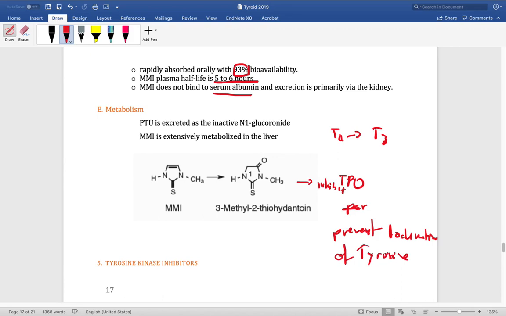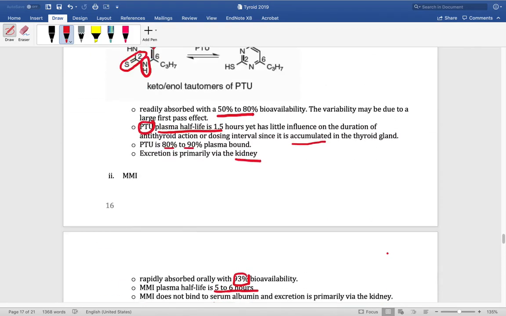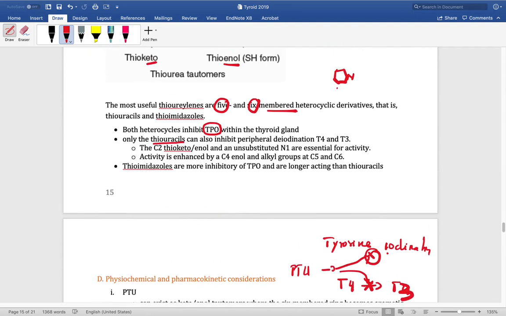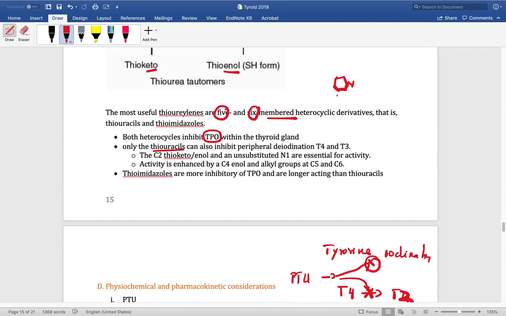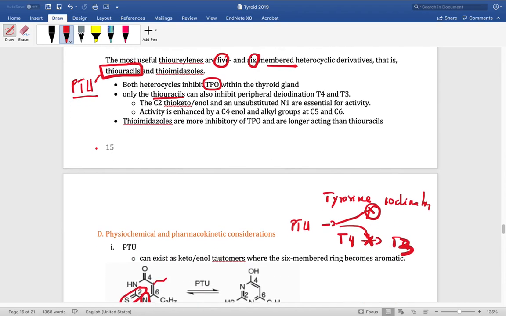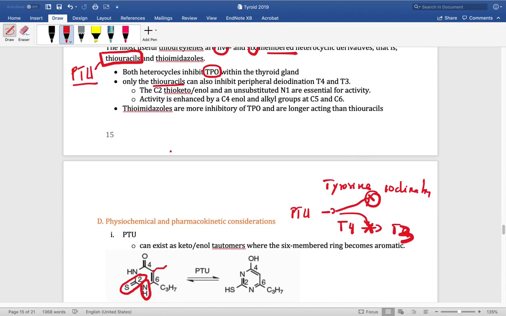All right. Let me quickly go back here, to see if there's anything else I would like to cover for you. I think I need to make something clear that will help you. When we mentioned the thiouracils, propylthiouracil is the representative of the thiouracils, and it's present here.